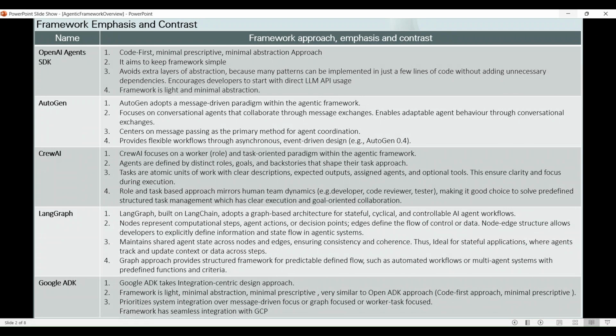So the CrewAI approach will be very beneficial when you want to structure and mirror a well-defined workflow. This makes CrewAI a powerful fit for predefined, goal-oriented workflows where clarity and collaboration both matter the most. So let us take one example.